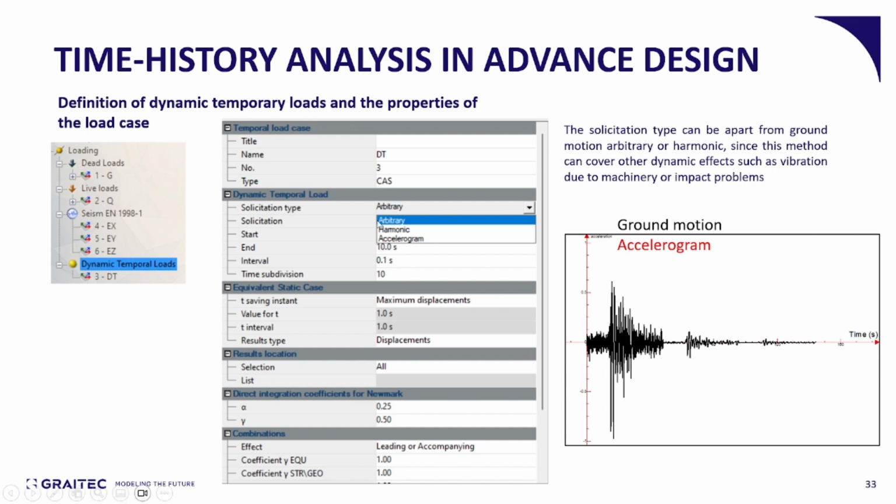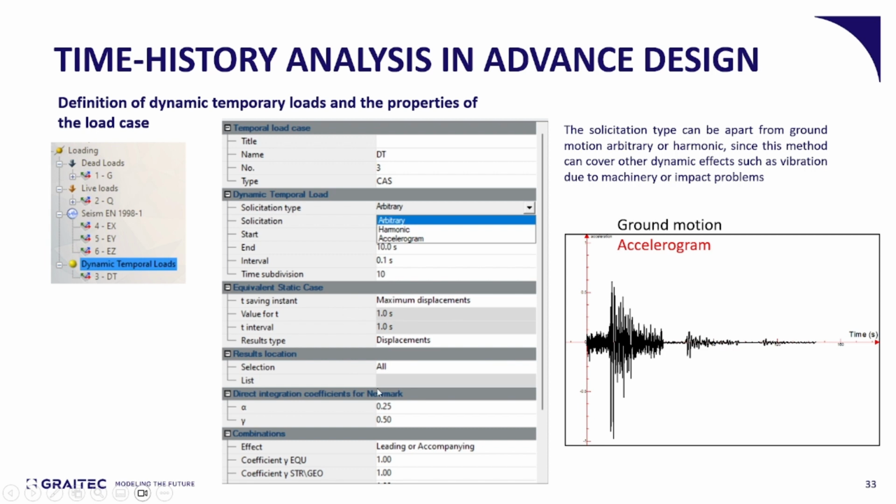And of course, the accelerogram that is used for the ground motions. We are not going to discuss the first two, since this webinar is targeted to seismic motions. I'm just explaining the other options the user has using this type of analysis and what else they can do using this functionality.